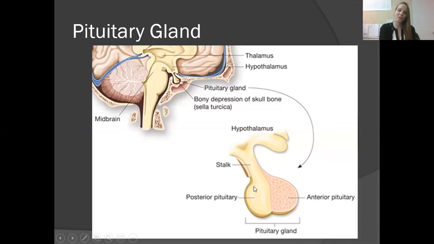The posterior pituitary gets its hormones from the hypothalamus, so the hypothalamus would make the hormones, and then the hormones would go down through this stalk to be stored in the posterior pituitary. And then anytime hormones need to be released from either lobe of the pituitary, the hypothalamus would send a releasing hormone through the bloodstream to trigger the pituitary gland to release a specific hormone.